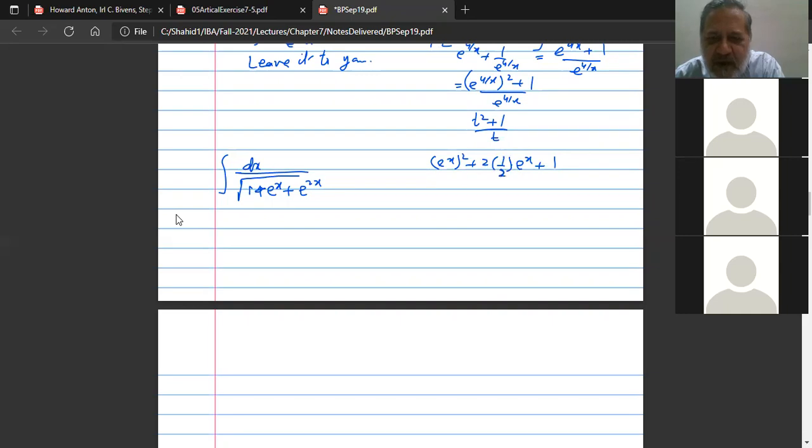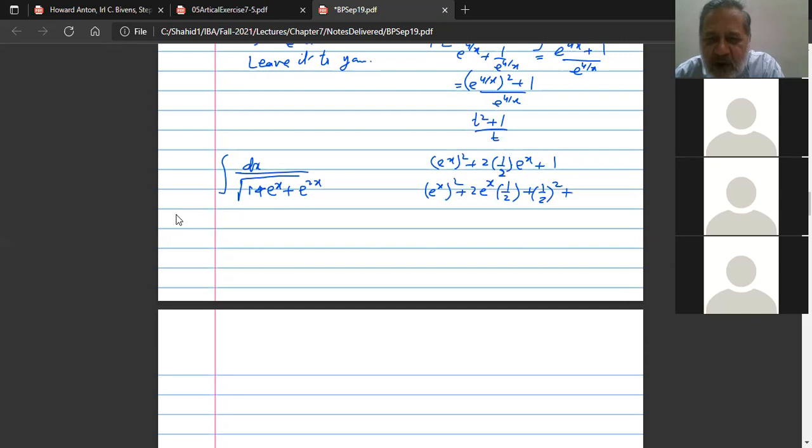And I see that to complete a square, I need the formula for a plus b whole square, in which a square plus 2ab, where b is 1 by 2. The square that I need will be completed. 1 by 4 is required, which can be taken out of 1.